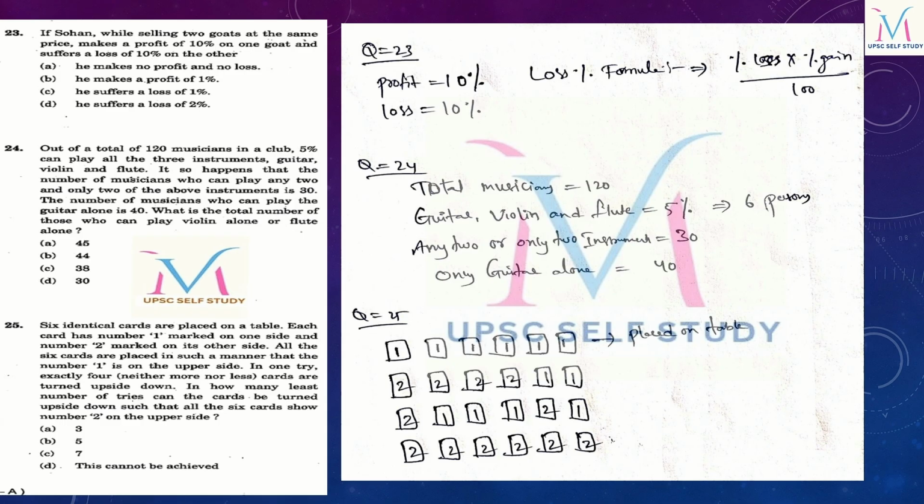again, in order to explain, here Sohan is selling 2 goods, okay, and no cost price is given, and it states that the 2 goods have been sold at the same price. Okay, 2 goods are being sold at the same price, no cost price is given, and by selling them he got 10% profit on one and 10% loss on the other.